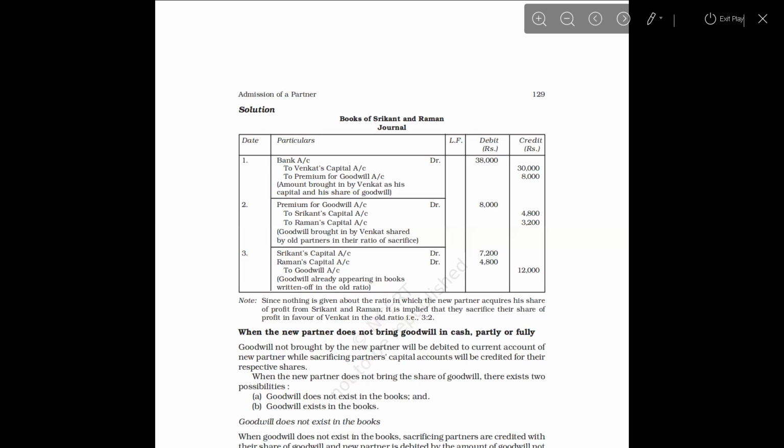So Srikanth's capital account debit, Raman's capital account debit to goodwill account. This is the goodwill written off entry. 12,000 into 3 by 5, you will get 7,200. 12,000 into 2 by 5, you will get 4,800. This is the old goodwill written off.